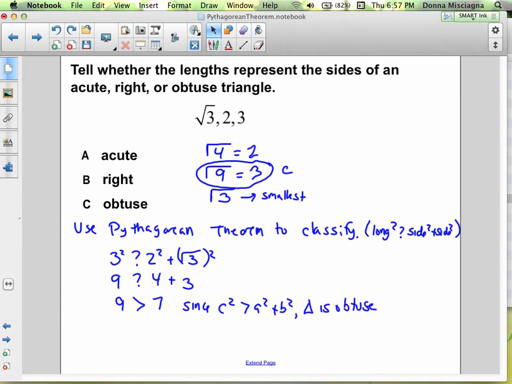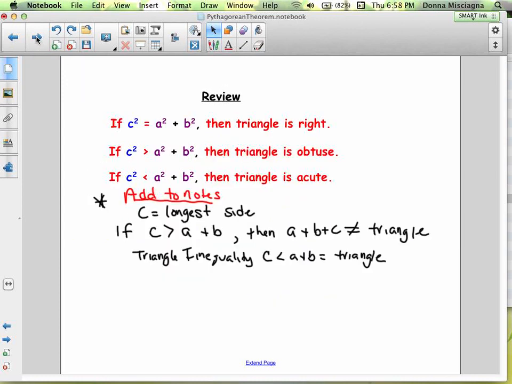And there we go. That's all it takes to classify triangles, or to determine if 3 numbers could possibly make a triangle. All right, so a little review. And this is all in your notes, including the part that says add to your notes. I added it to your notes already. So this is a nice summary that you have.